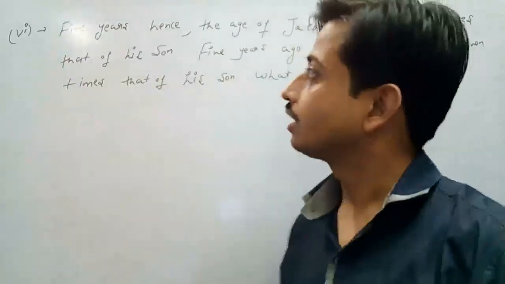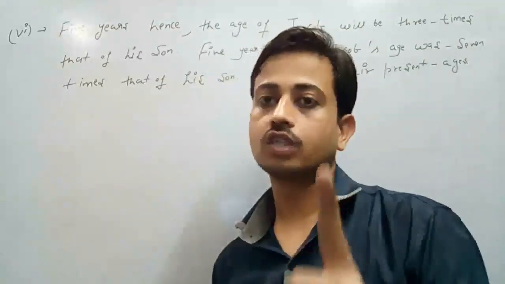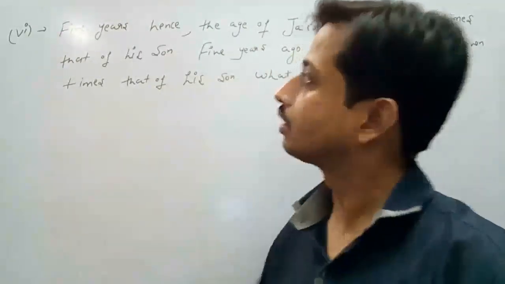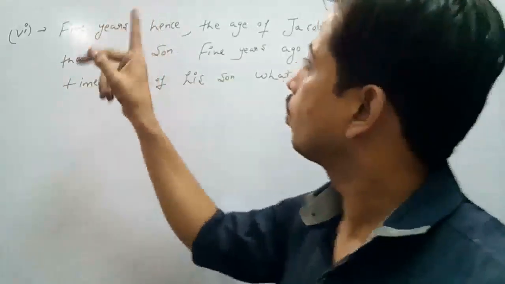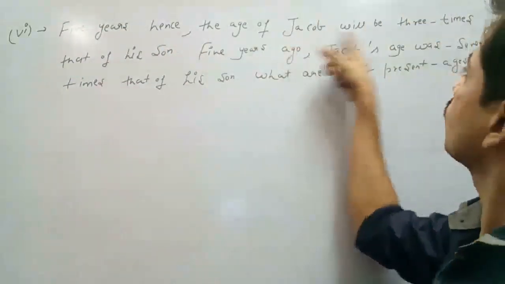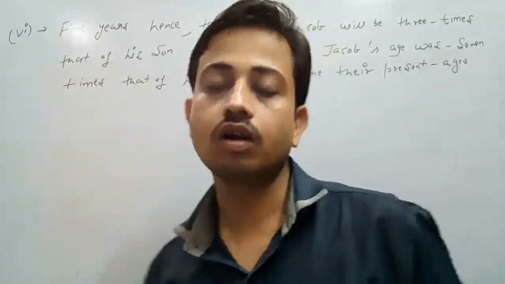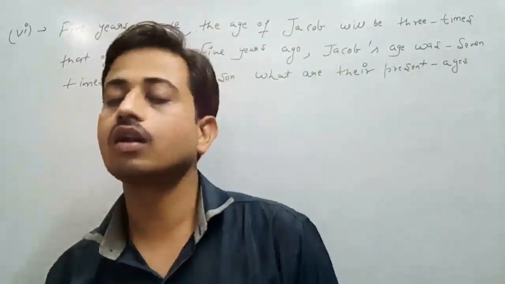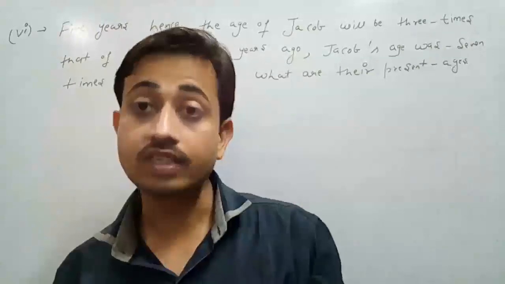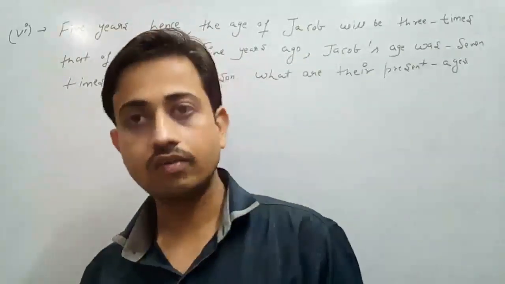Now please read the sixth part of question number 3. 5 years ago, the age of Jacob will be 3 times of his son. But we don't know the age of Jacob and don't know the age of his son. So what do we have to do?